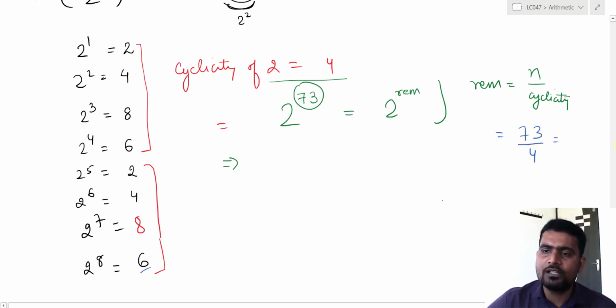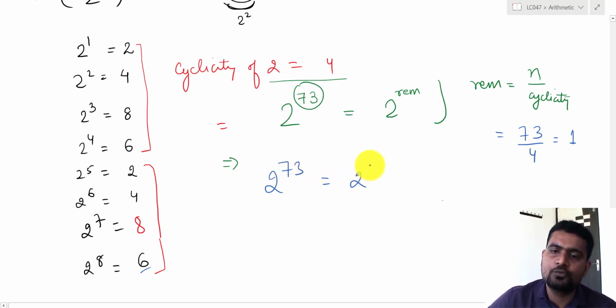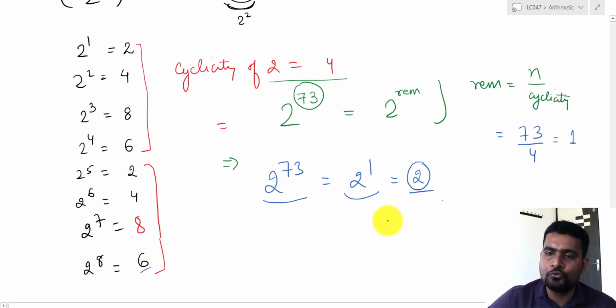The remainder you get is 1, right? So the unit digit of 2 raised to power 73 will be the same as 2 raised to power 1, and 2 raised to power 1 we already know is 2. So the unit digit of 2 raised to power 73 will be 2.